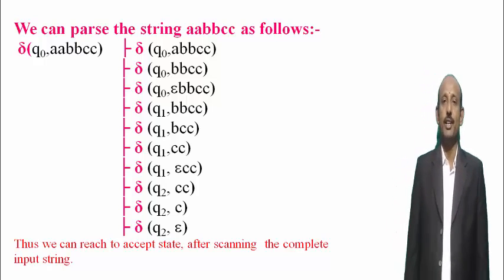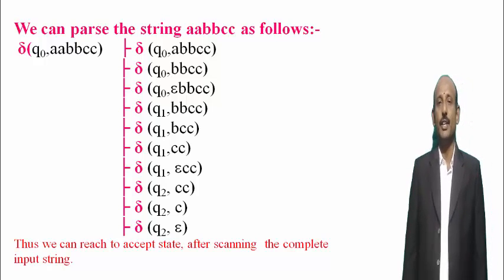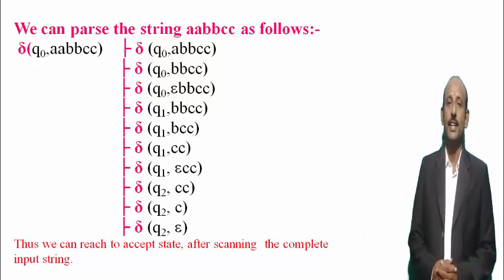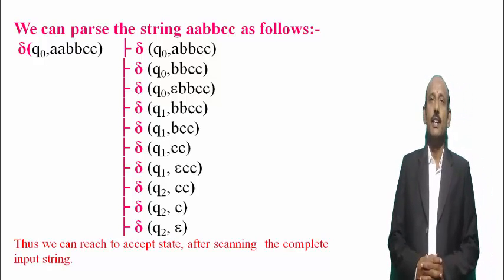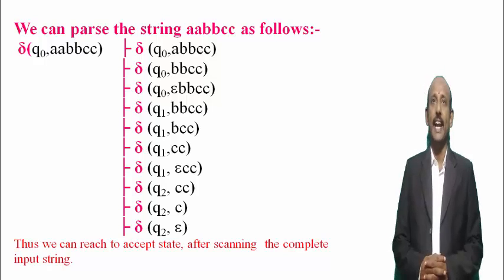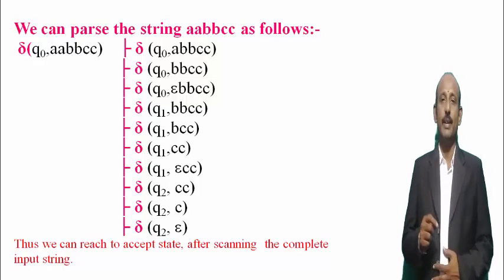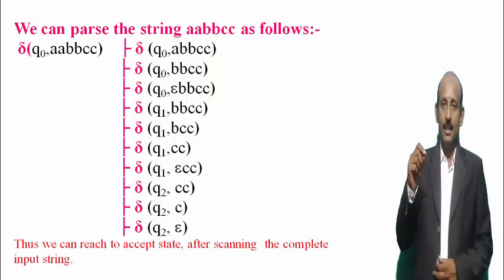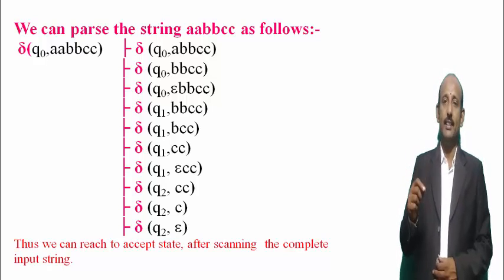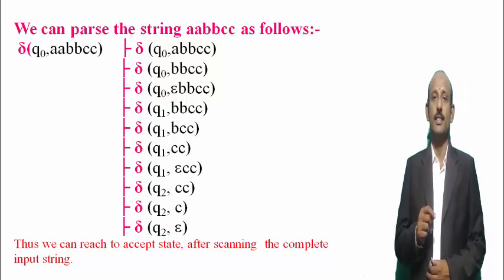Delta is the mapping function, where Q naught is the starting state. From this start state, it reads the first input A. After reading A, it comes back to the same state, because the Q naught state has a loop on input A, that is Q naught.